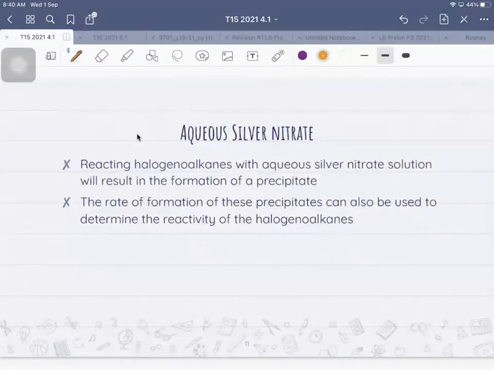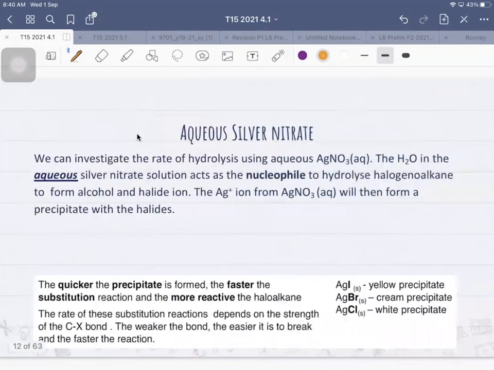Okay, so this is the reason why, right? The silver ions will react with the halogens, the halide ions that are produced during hydrolysis. Okay, so I don't want to rush this, okay, because you need to copy down the equation and some more.